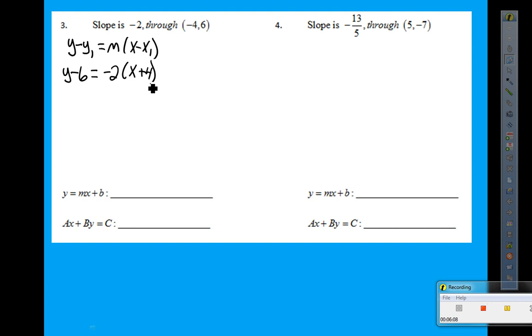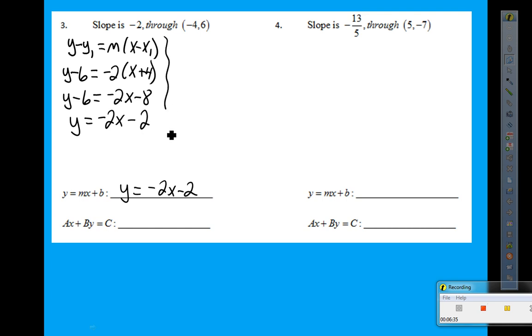Finish this off. Let's solve it and distribute. So let's go y minus 6 equals negative 2x minus 8. Let's add 6 to both sides. So in slope-intercept form, it looks like I'm going to have y equals negative 2x minus 2.